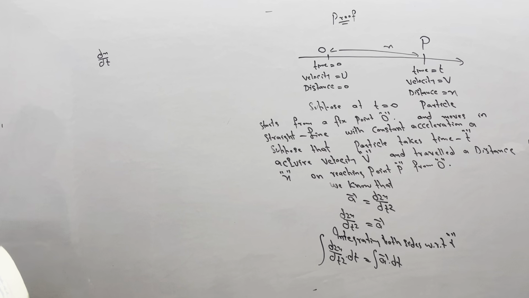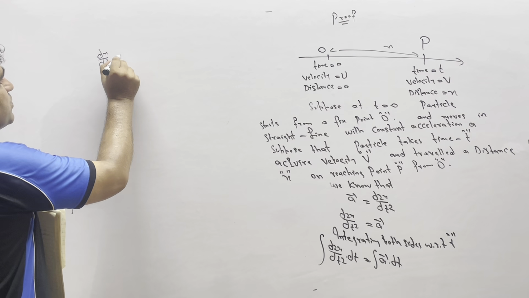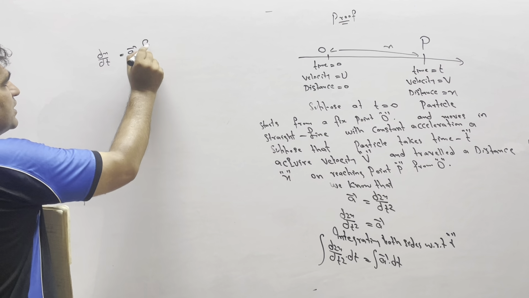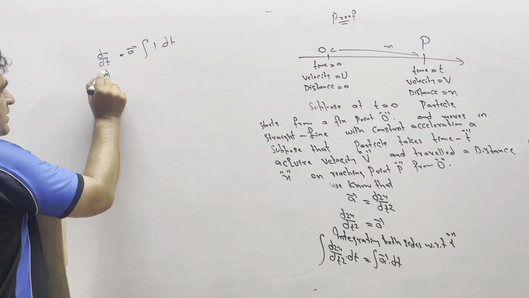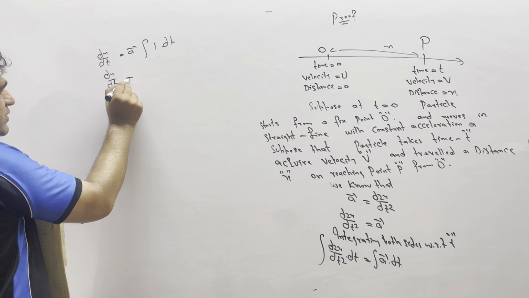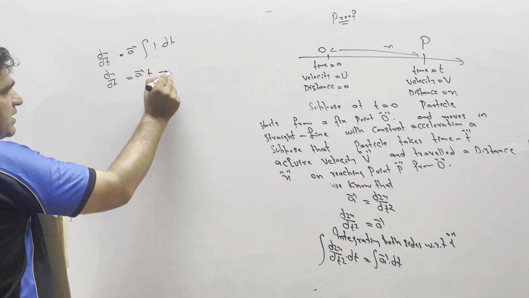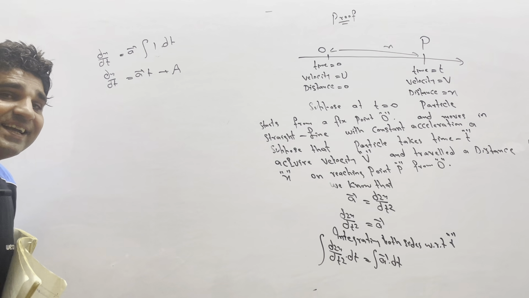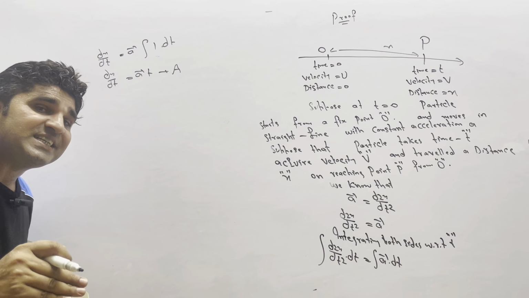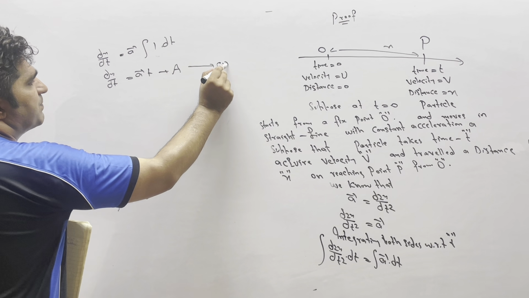A you can take outside because a is a constant, so 1 into dt. So it's dx over dt equal to a, a is a constant as it is, integration of 1 with respect to t will be t, plus I can place here capital A. And you know what is capital A? Capital A is the constant of integration, and its value can be found by using initial conditions. You can call it equation number 1.